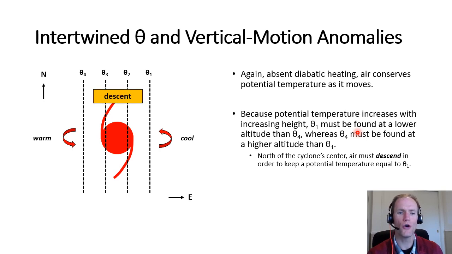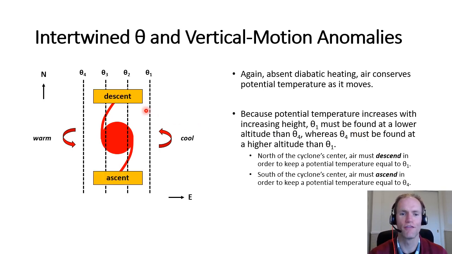So this flow creates anomalies of vertical motion in and of itself that are out of phase with what we initially saw. We had forcing for ascent to the east, now we get forcing for ascent to the south. Here we had forcing for descent to the west, now we have it to the north, associated with the potential temperature anomalies that the initial vertical motion anomalies created.